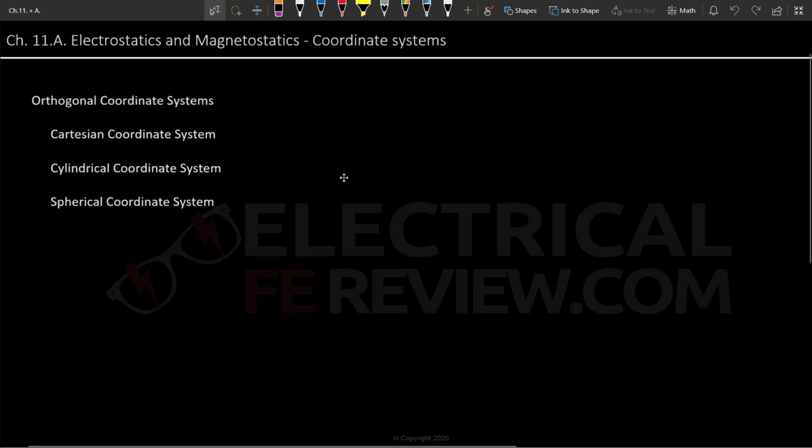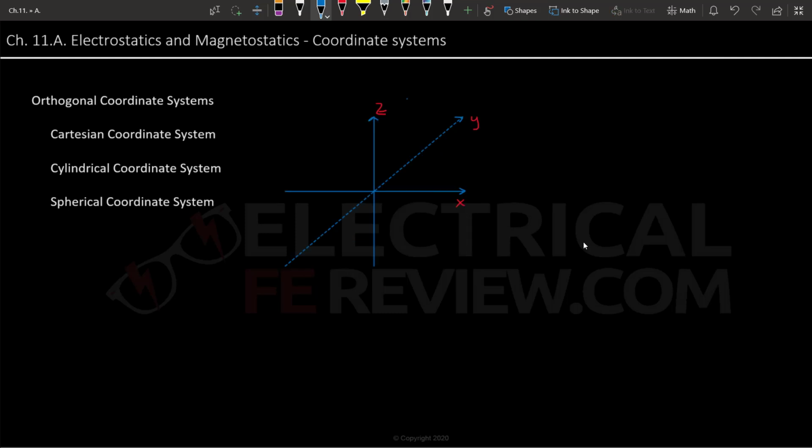So let's start with the Cartesian coordinate system. This is the system that we are most used to. It is the regular XYZ system and is characterized by the unit vectors x, y, z. Unit vectors are written with a little hat on top. So basically any vector within the Cartesian coordinate system can be described with an X, Y, and Z component, even though these components might be functions.